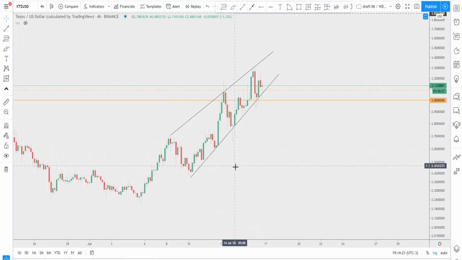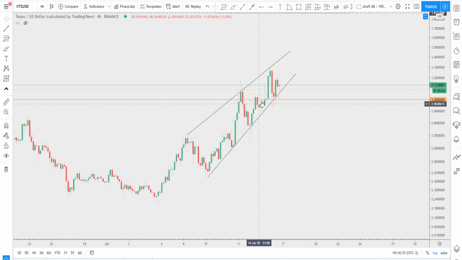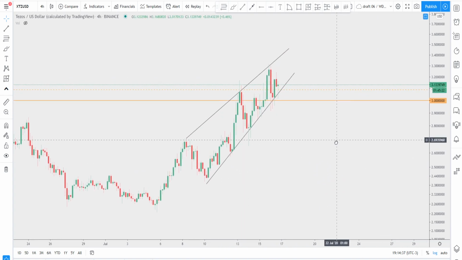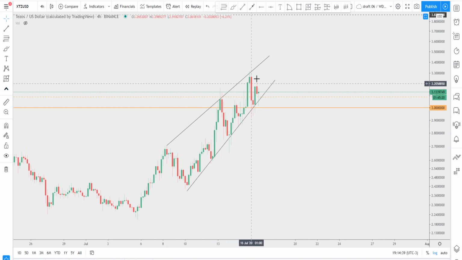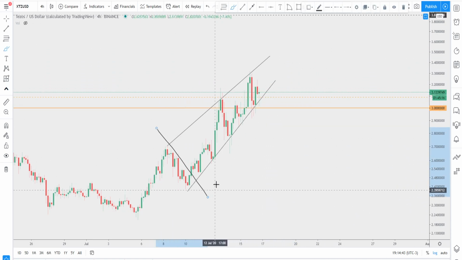So it's not symmetrical, but can be. It's not an ascending channel, and it is not a perfect rising wedge. Okay, but just for the sake of this example, let's go for a rising wedge.